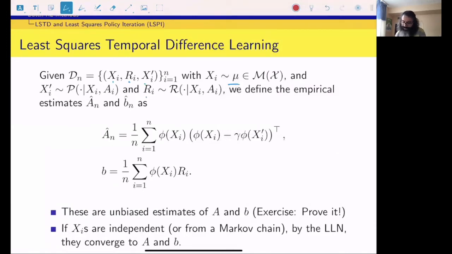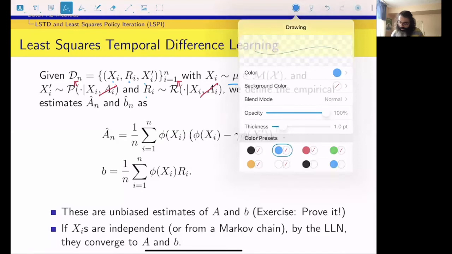There's no a prime here, but this is p pi of a condition x_i. So the policy is absorbed in the transition kernel p, and that was p pi. The same here, so I can remove these things. So x_i prime is coming from p pi of x_i, and r_i comes from r pi of x_i.